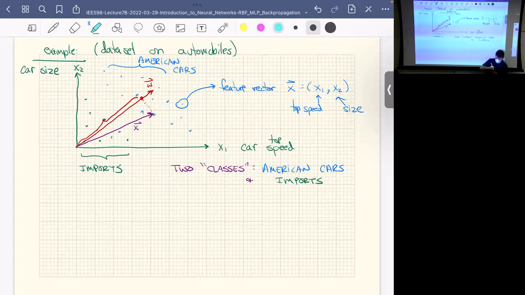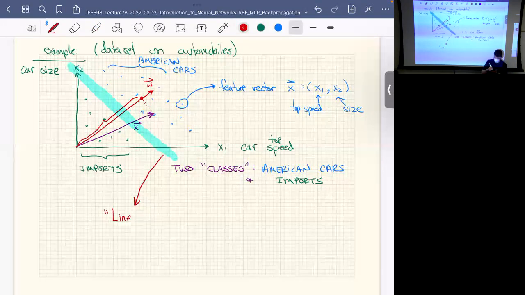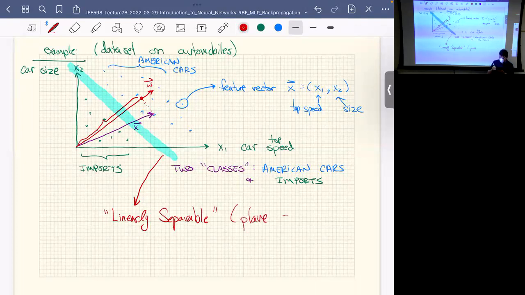There is sort of a plane that separates these points. And having that plane, we refer to as being linearly separable. So we can say a plane separates points from each class.